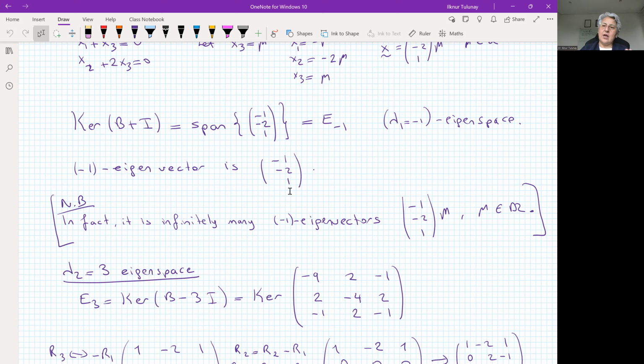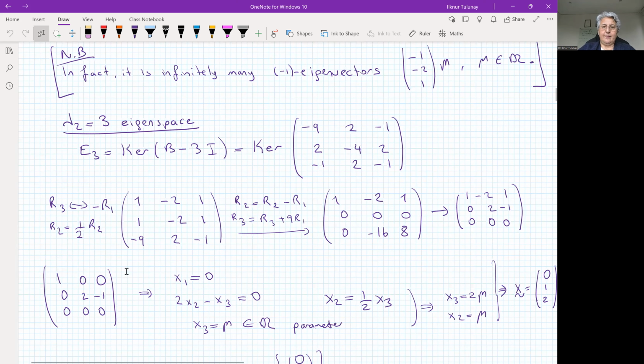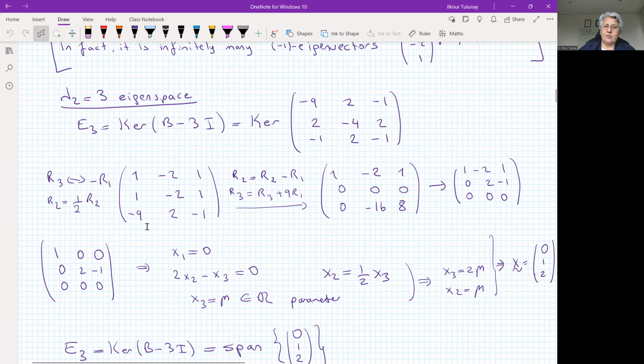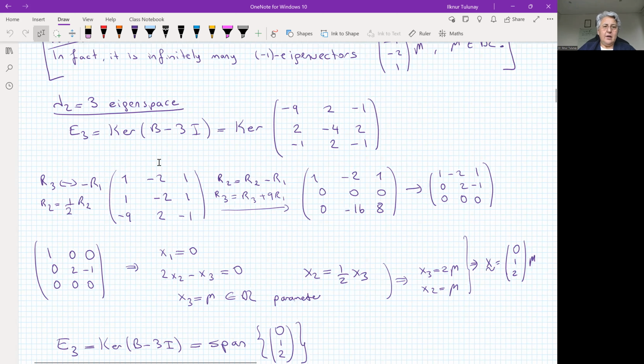Okay, this was the first eigenspace. Now we have another eigenvalue, lambda 2 is equal to 3. Let's calculate the lambda 2 equal to 3 eigenspace. Again, it is B minus lambda I, where lambda is 3, so minus 3I. So the eigenspace E3 is the kernel of B minus 3I.